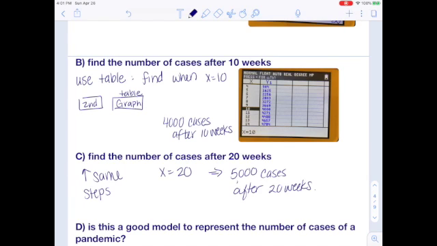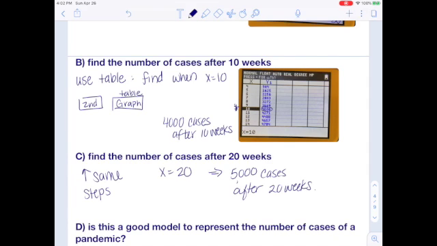And our next couple of questions, we want to find the number of cases after 10 weeks. So I go to my table, I hit second, graph to get to my table, and you'll see I scroll down until I saw my x value of 10, and its corresponding y value is 4,000. So you can do that by hand, plugging in x equals 10 into the function.